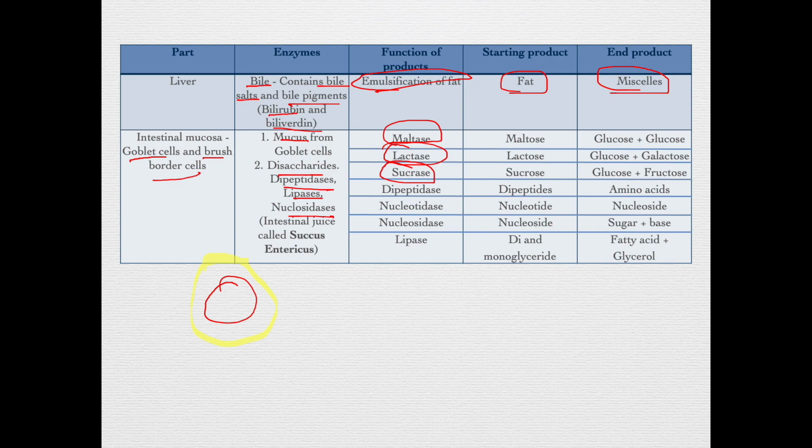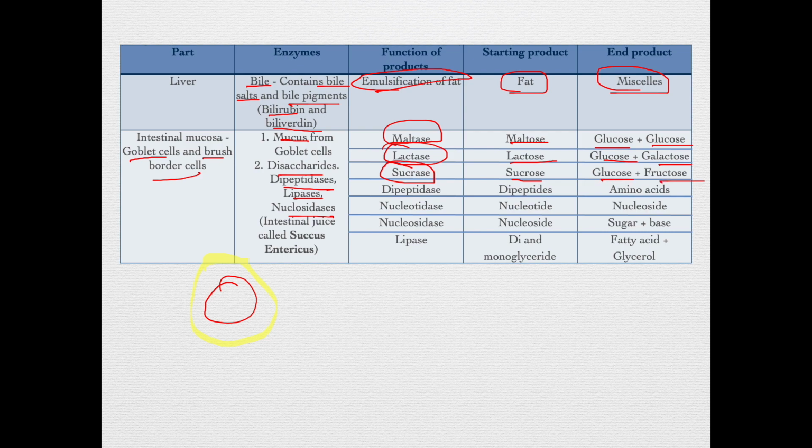So let's take a second to understand the functions of each of these enzymes. Maltose, which is a disaccharide, is broken down by maltase into glucose and glucose. Lactase breaks down lactose into glucose and galactose, and sucrase breaks down sucrose into glucose and fructose.